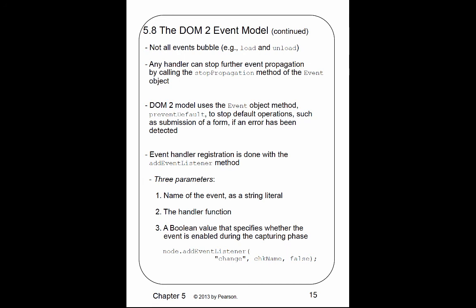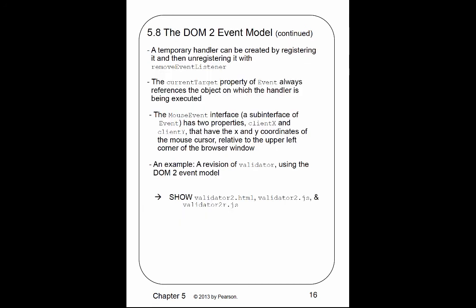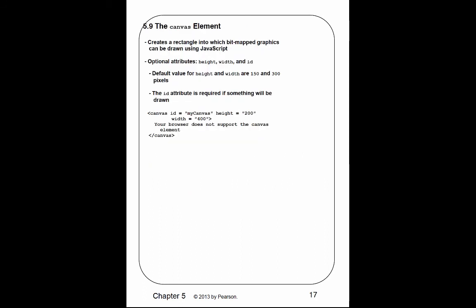You can also add event listeners, which means you're trying to associate a method, the event handler, with a particular event. There are some underlying mechanisms to do that in JavaScript. There is also the canvas element, where you can create a rectangle into which you can embed graphics. This is quite new, and these graphics can be drawn using JavaScript.